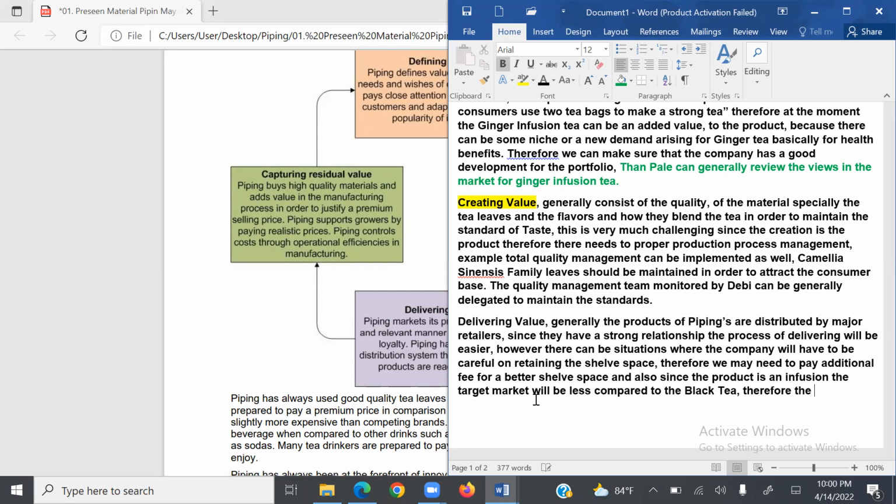Therefore, the credit period needs to be extended in order to have a sustainable distribution relationship.